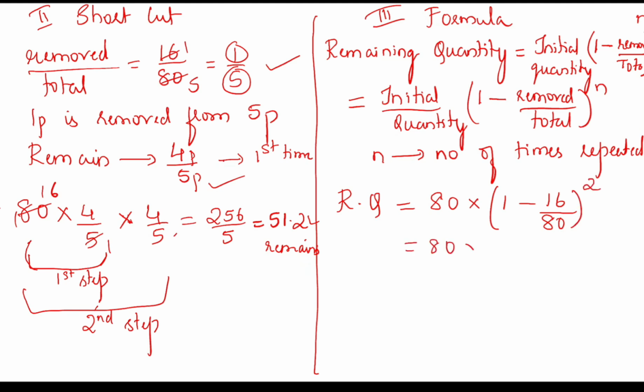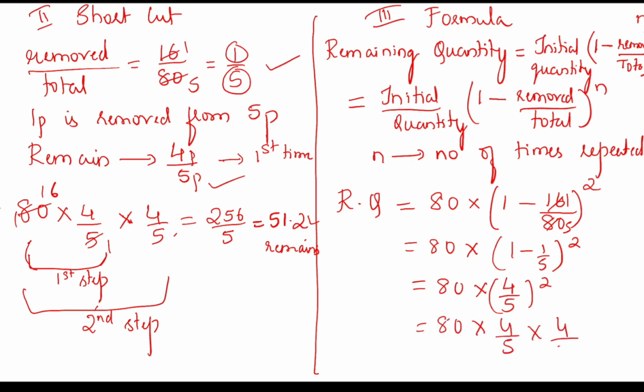So 80 into 1 minus 1 by 5, the whole square, which is equal to 80 into 4 by 5 the whole square, which is 80 into 4 by 5 into 4 by 5. This is the same thing we got here after substituting in the formula, the same as using the shortcut method. If you solve this, you will get the same 51.2 liters.